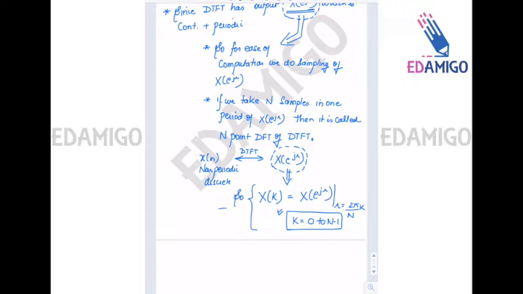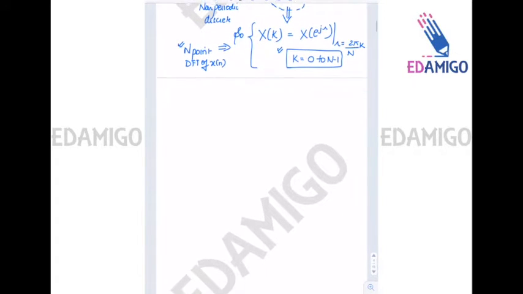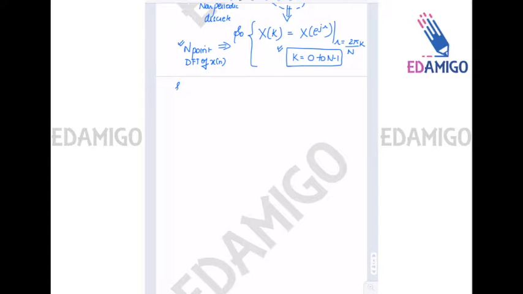So this is N-point DFT. Since we are taking N samples in one period of DTFT, it is N-point DFT of x[n]. I can write it as N-point DFT of DTFT also, because I am taking N-point samples of DTFT, and since the DTFT was of x[n], we say N-point DFT of x[n]. So I will write it here again.